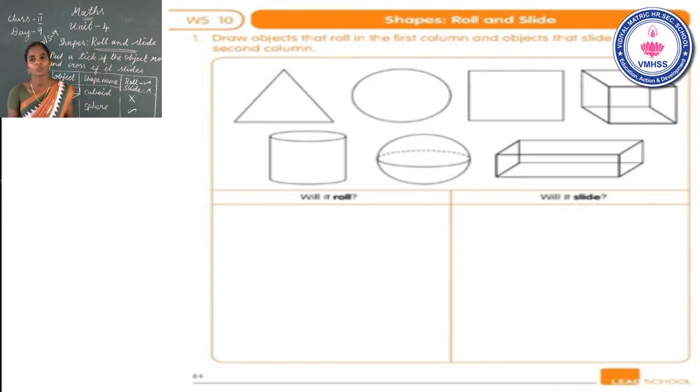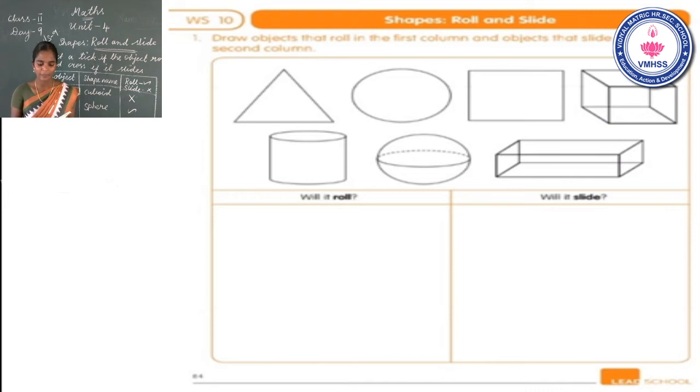Very good. 1, 2, 3, 4, 5, 6, 7. So there are 7 shapes in the question. Children listen here. What is the first shape? Triangle. Next one, circle. Third one, square. Next, fourth one, cube.